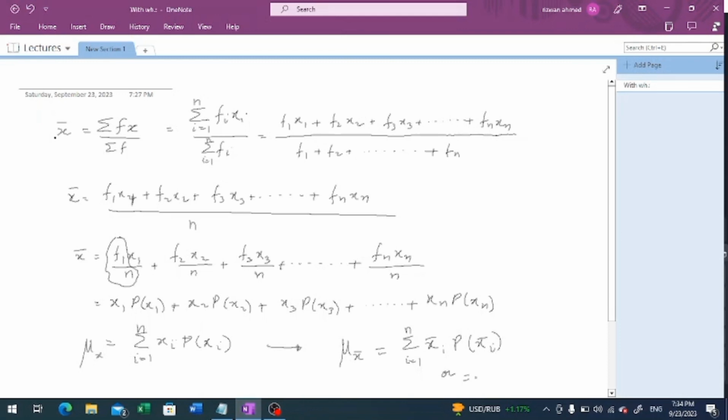Or this can be simply written down as this. So this is how we can transform the formula for sample mean to the population mean by transforming the right hand side version of the formula from frequency based to probability based.